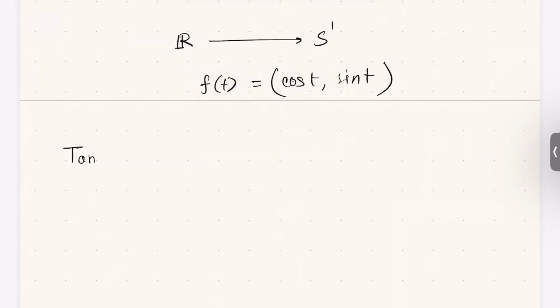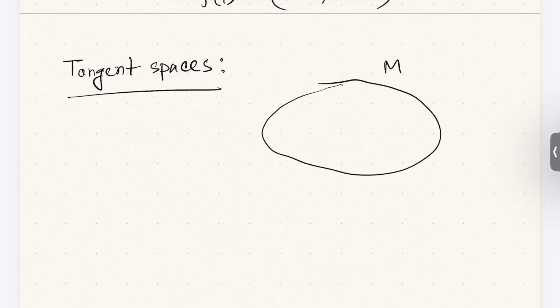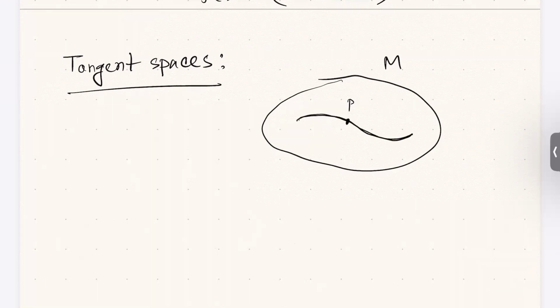Now we're going to consider tangent spaces. To start the idea of tangent spaces, let us consider a manifold M, and there is a point P in this manifold. Now I can define a curve that is passing through this point P, and this curve is something like gamma.